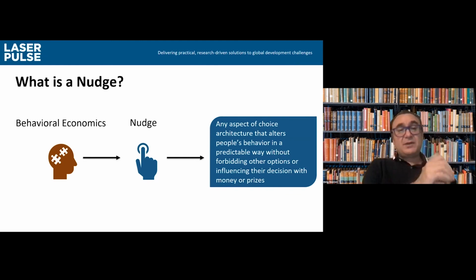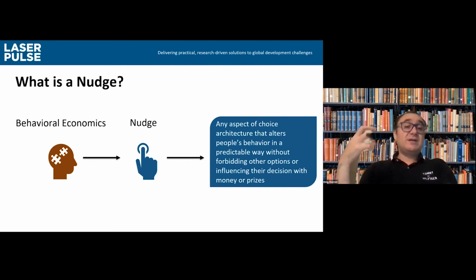That's the big difference between manipulation and nudges: nudges modify the environment without forbidding other options. Most of the time, nudges leverage system 1, that automatic, strong, fast decision-making process, to influence and induce targeted behavior.